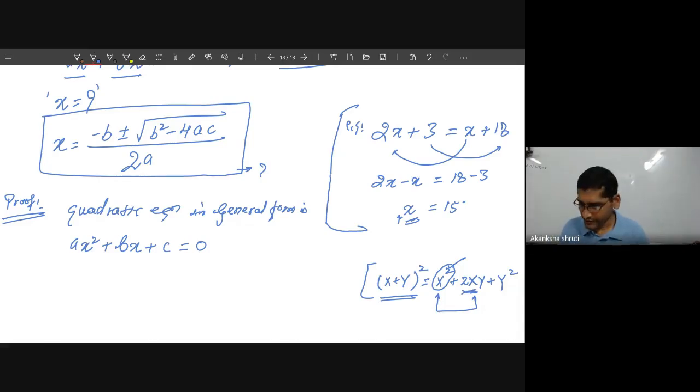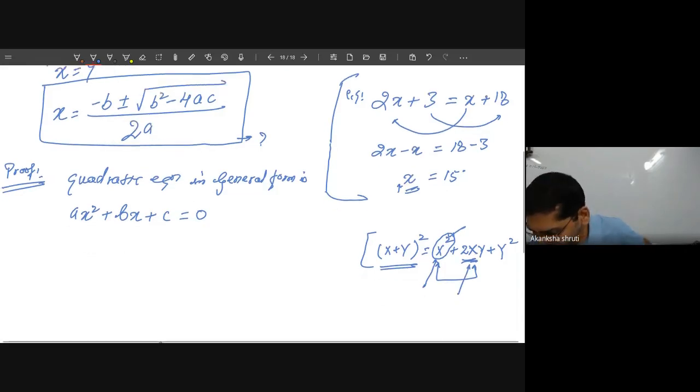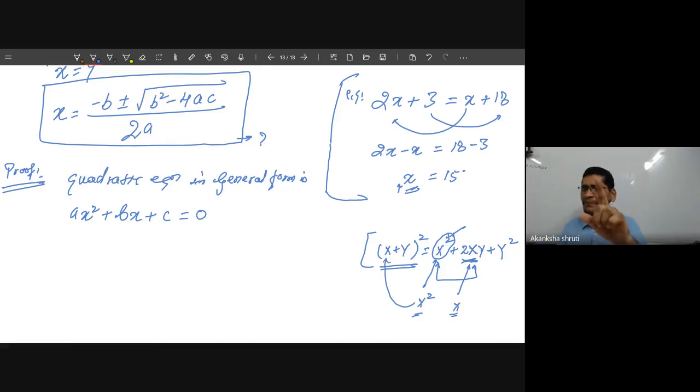But how to do that? Student, for combining this x, observe carefully: on the right hand side there is the x square term and the x term. But in the left hand side, how many places is this x present? At only one place. Getting my point?